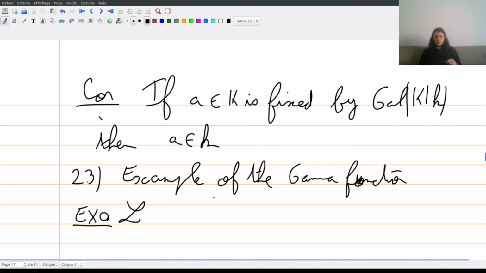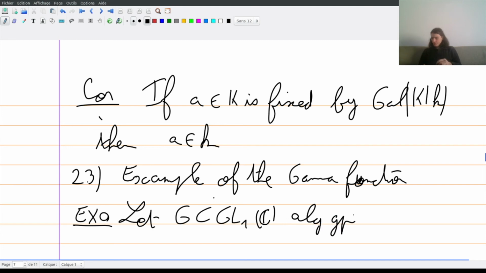So first, the classification of the groups, which I leave as an exercise. It's not very hard. So I consider an algebraic subgroup G of GL1 of C, which is isomorphic to C star.